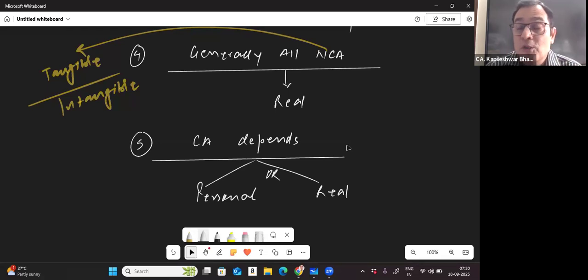Therefore, you cannot look at the change in inventory on a standalone basis. You are going to take purchases, you're also going to take the change in inventory. Collectively, it becomes cost of goods sold, it's an expense. Profit and loss account would never ever capture any personal accounts or any real accounts. They cannot enter the P&L. So if you ask me any item in the P&L, I would undoubtedly say that it is supposed to be a nominal account in nature.